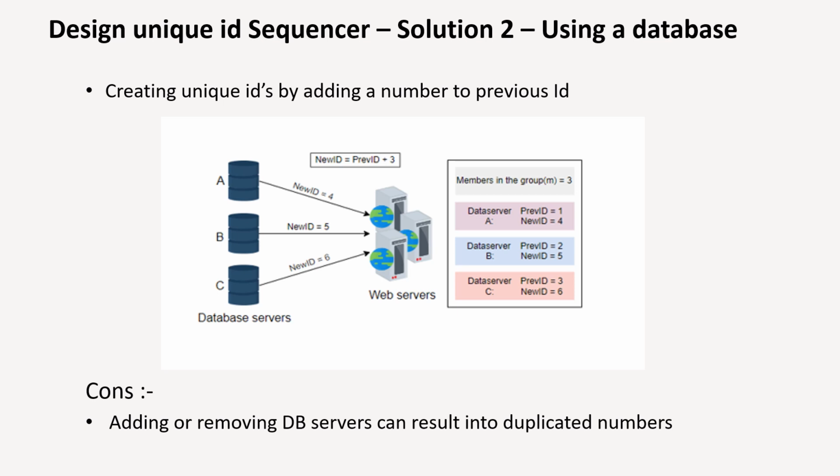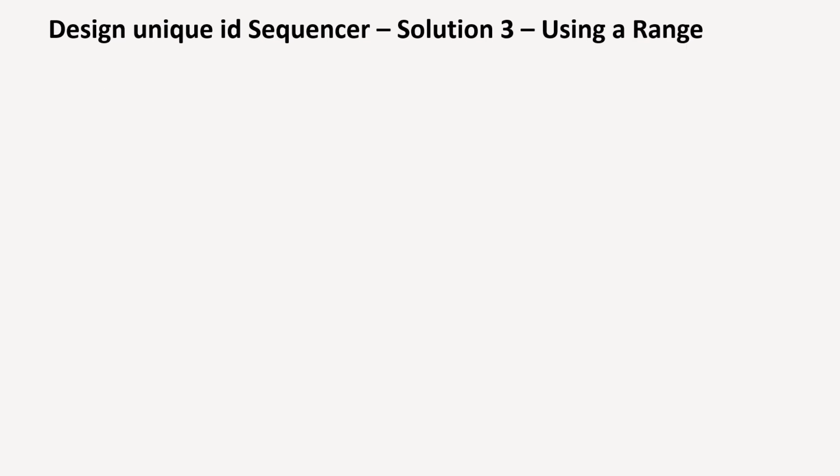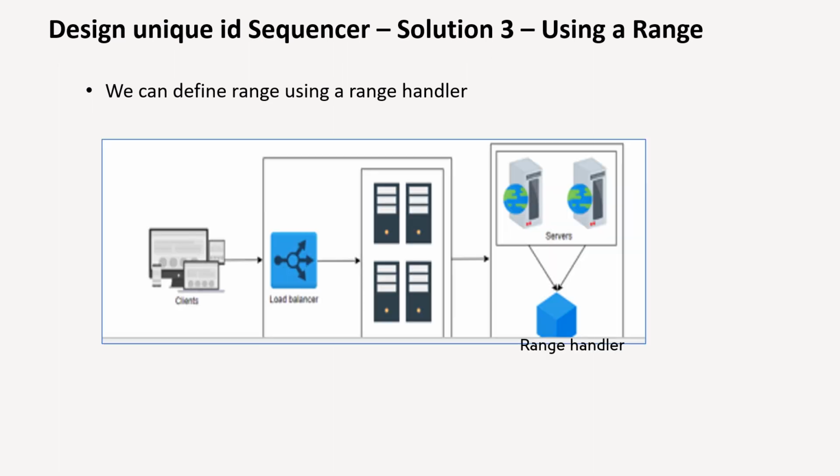So let's see a third solution, that is using a range, right? Here, we can have a range handler. Suppose you have two servers in your system which can generate the unique IDs. The range handler can define the ranges, okay?